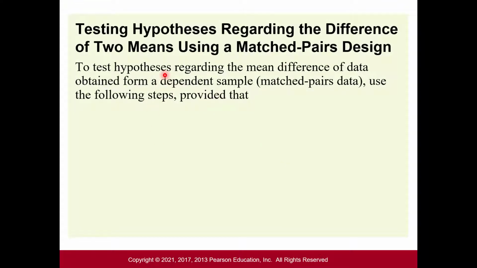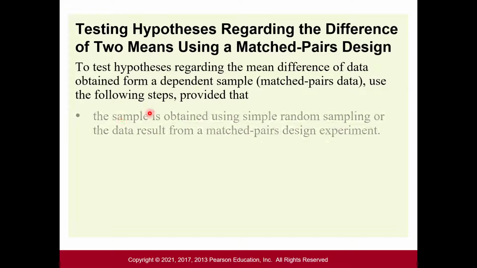To test hypotheses regarding the mean difference of data obtained from a dependent sample, which is just matched pairs data, we are going to have some steps given that the following are true. The sample is obtained using simple random sampling, or the data results from a matched pairs design experiment.